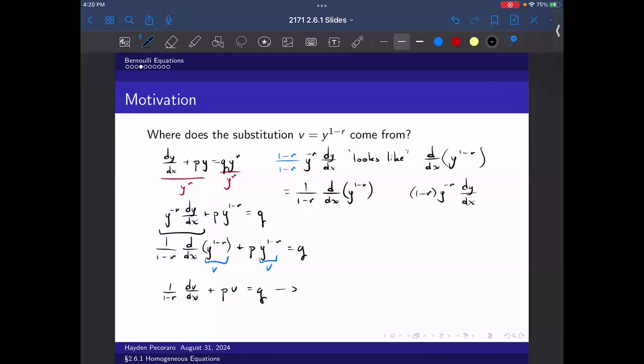And writing it in standard form for a linear equation, we just have this extra factor of 1 minus r on both p and q. And so now this is a linear equation. We know how to solve it using integrating factors, and we can get a solution. At the end of that solution, we'll have to substitute back in for y, but we can do it.